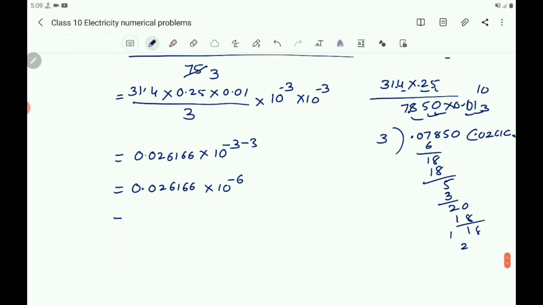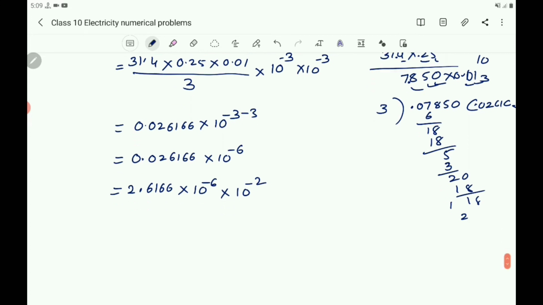10 power minus 6. Then here you can take this 2 before the decimal point, that is 2.6166 into 10 power minus 6, into, here 2 digits are taken towards the left side, so it becomes 10 power minus 2.